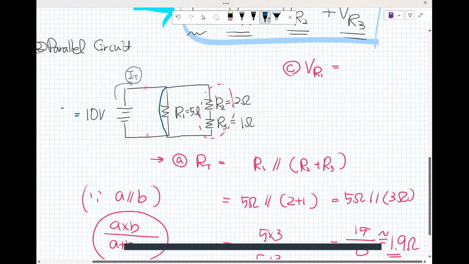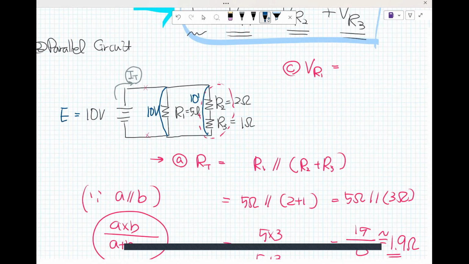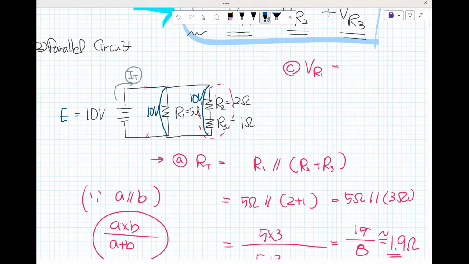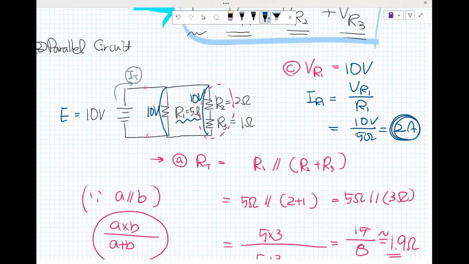That should be the 10 volt. So V sub R sub 1 is 10 voltage, and I sub R sub 1 is V sub R sub 1 divided by R sub 1, 10 volt divided by 5 ohm. This is 2 amp, right?